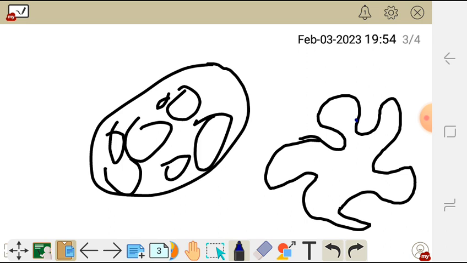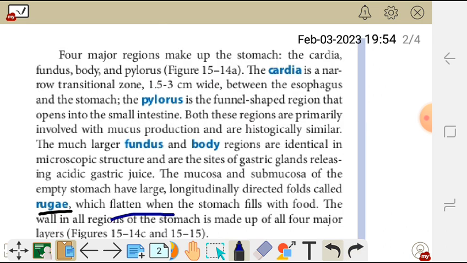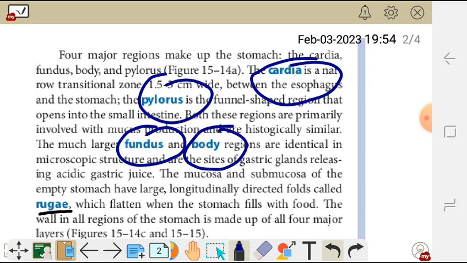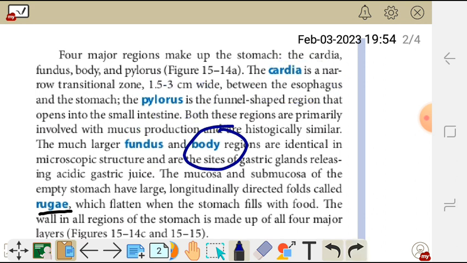Now they will flatten when the stomach is filled with food. And the wall in all regions of the stomach is made up of 4 major layers. We looked at those layers. In all these regions, the body, the fundus, the pylorus, and the cardia, the stomach is made up of 4 layers, the ones we discussed earlier.